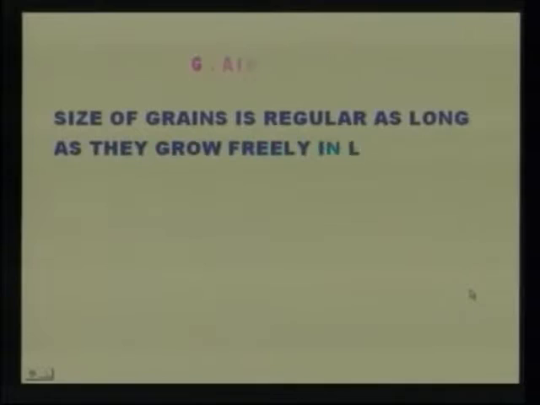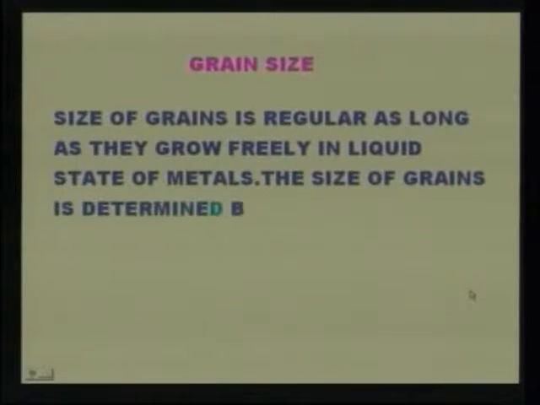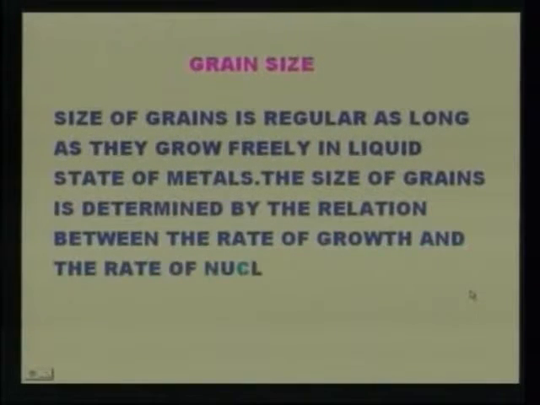Now you can see grain size, how the grain size is developed. Size of grains is regular as long as they grow freely in the liquid state of metals. The size of grains is determined by the relation between the rate of growth and the rate of nucleation.